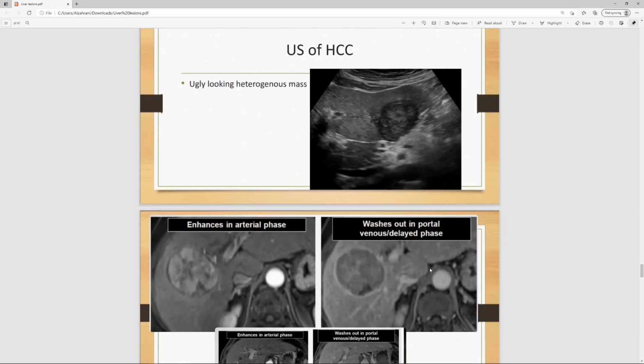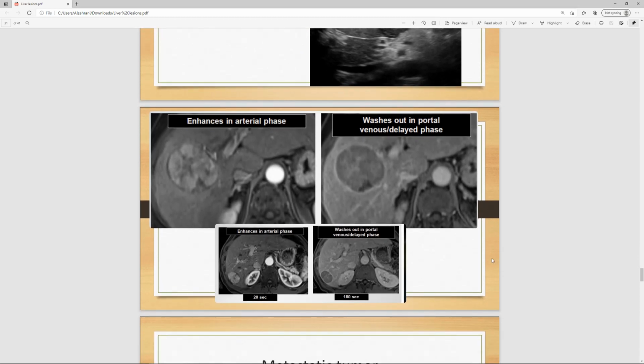Okay, these are the features of hepatocellular carcinoma.